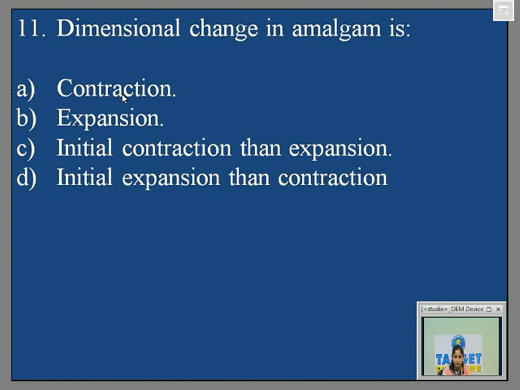So first, when you start mixing the alloy powder with mercury, there is dissolution of the alloy powder by the mercury, so there is initial contraction. This contraction will last till 20 minutes, until all the alloy powder is dissolved.